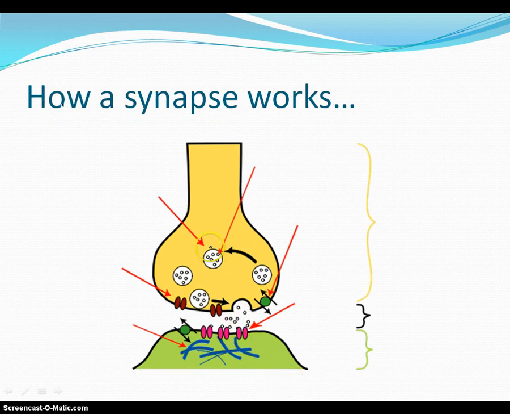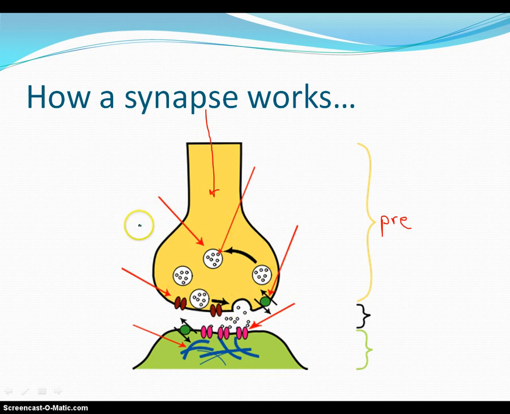All right, I want to talk about how a synapse works. Let's imagine that we have a nerve impulse passing through the axon of this presynaptic neuron. Several things happen as that impulse, that electricity, goes down to the axon terminal right here.